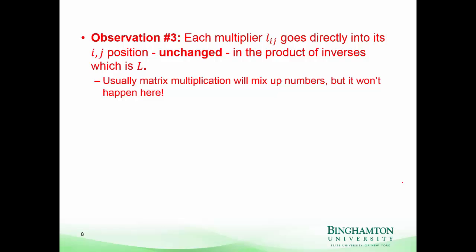So usually when we do matrix multiplication and matrix inversion, things get all mixed up, and the numbers all get mixed up. But because of the special structure here, they don't get mixed up. They just end up going right in where they're supposed to go.